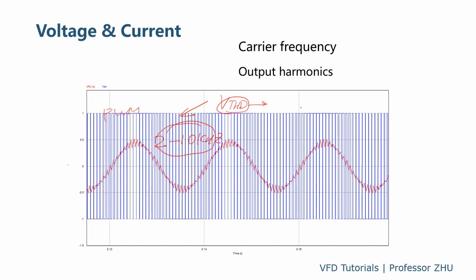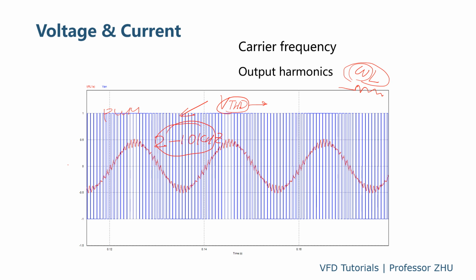But for the motor current, because of the reactor of the motor, the impedance is proportional to frequency. That means for the high frequency voltage components, because of the high impedance, the high frequency current is very low.